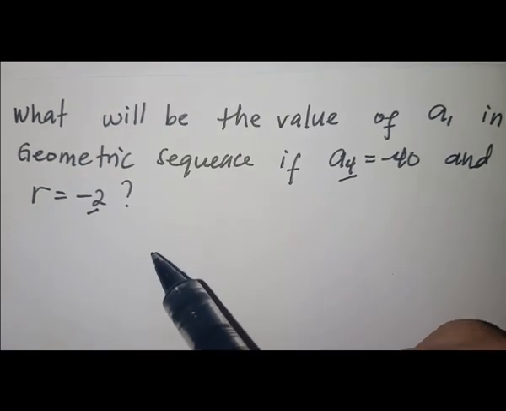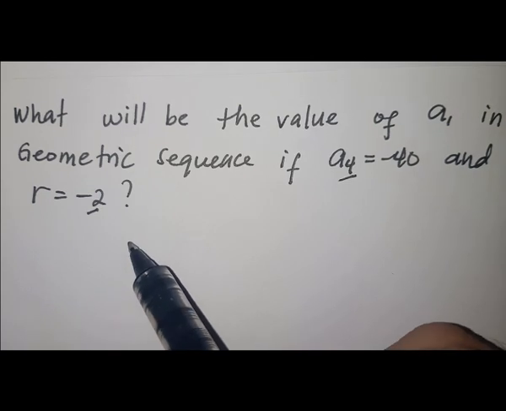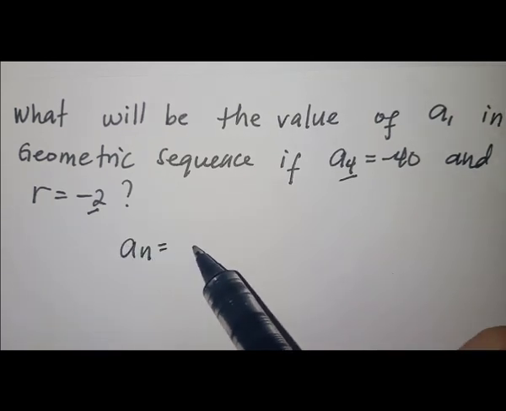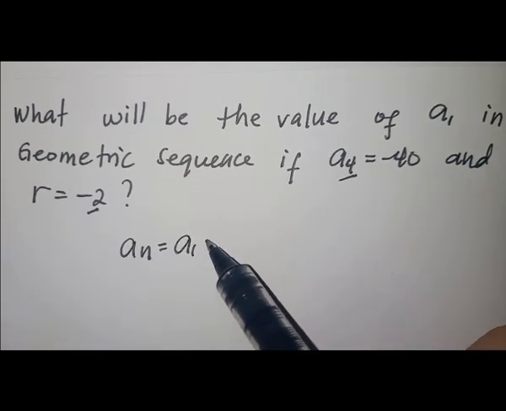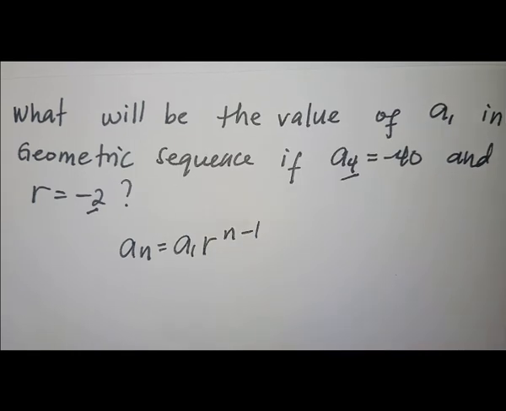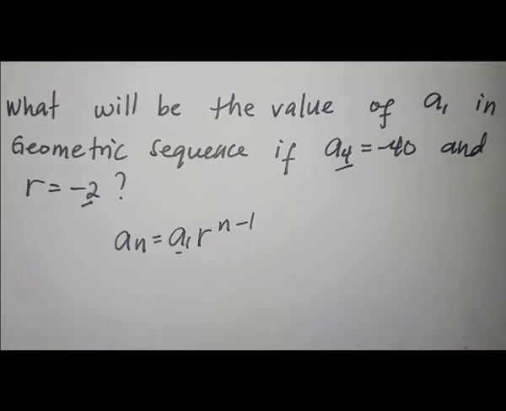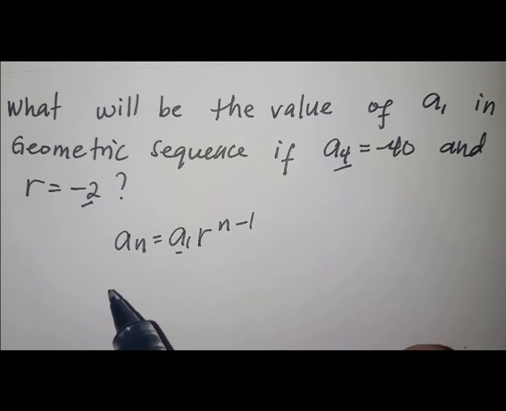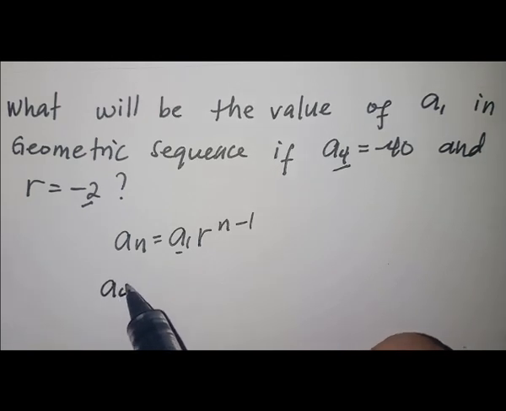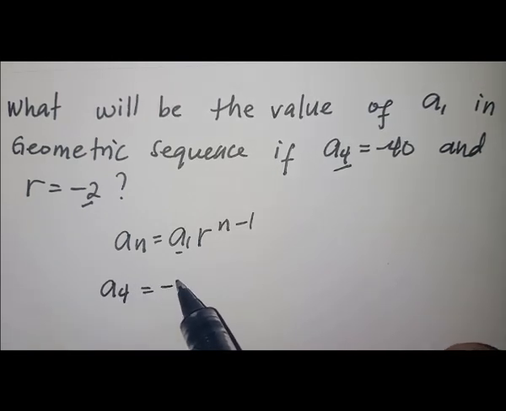So, again, let us write first the formula. We have the a sub n is equal to a sub 1 times r raised to n minus 1. In this case, ang kailangan nating hanapin yung value ng first term. So, ano-ano ba yung given na meron tayo? Meron tayong a sub 4, which is equal to negative 40.